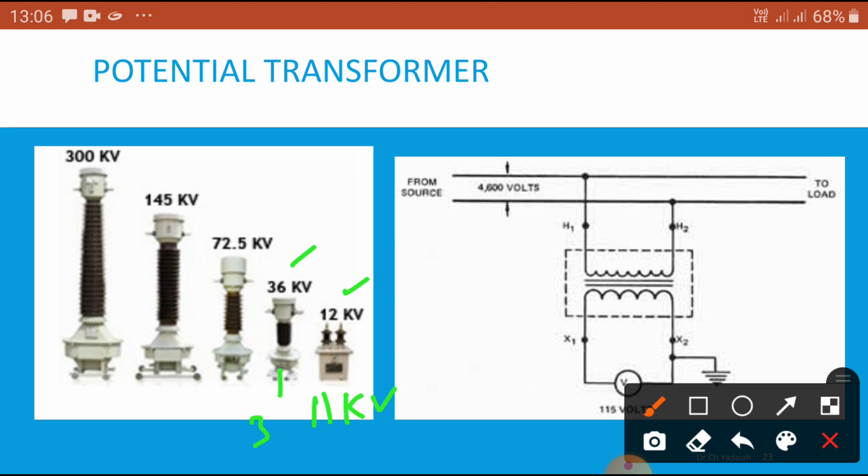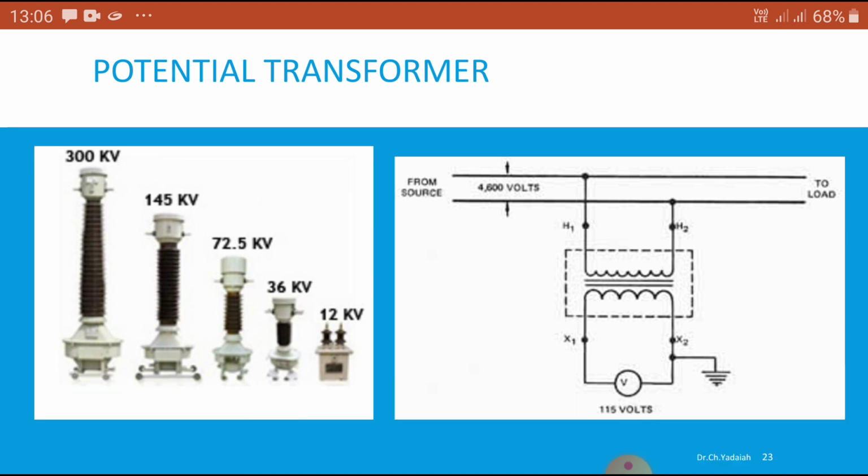This is a 33 kV working voltage, but I designed it for 32 kV with some extra. This 66 kV is available in India. I want to measure 132 kV, so I am going to use 72.5 kV. So you can see once it is increasing, then automatically these voltages increase.